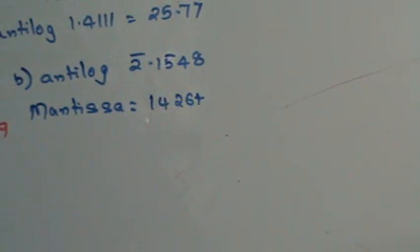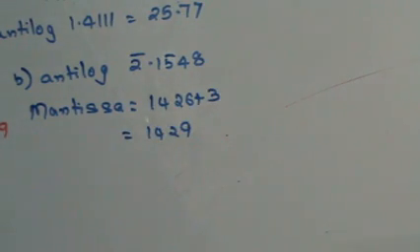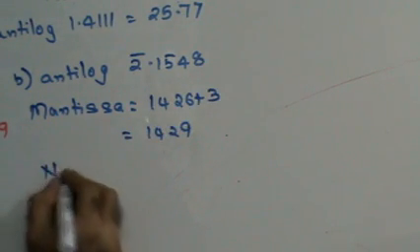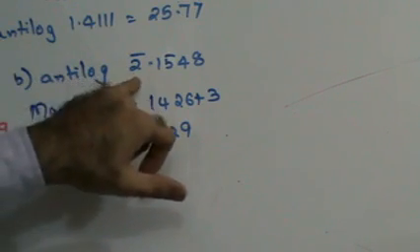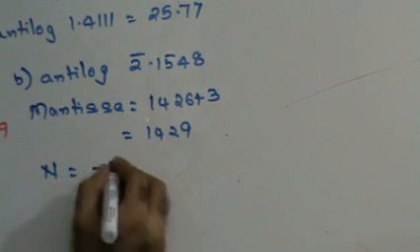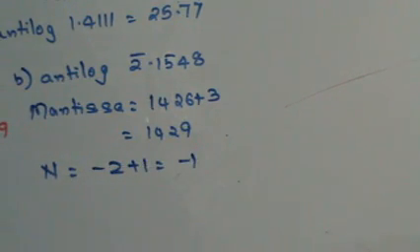Mean difference 8 is 3. So this is going to be 1429. N. Whatever is the number before decimal, you have to add 1 to it. I had explained this to you that 2 bar and minus 2 is the same thing. Add 1 to it, so this will become minus 1.